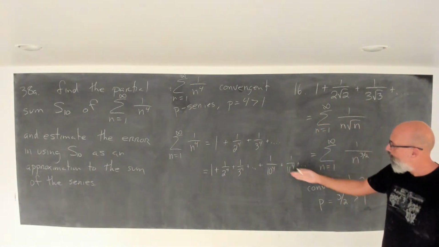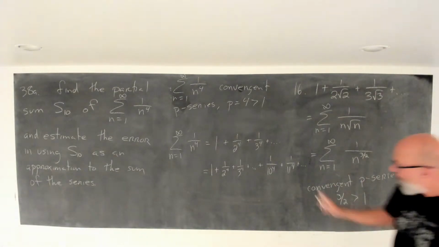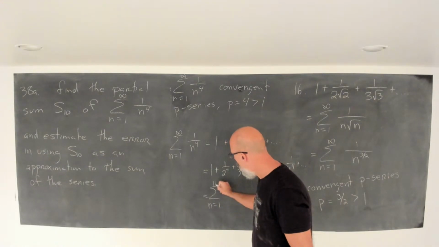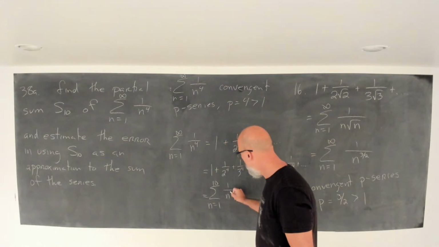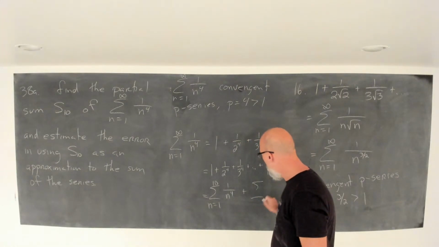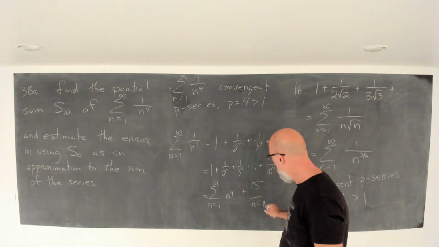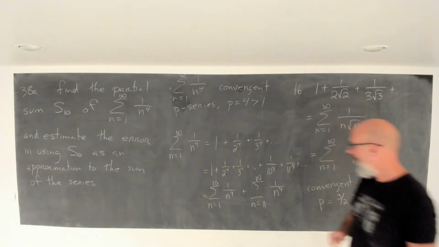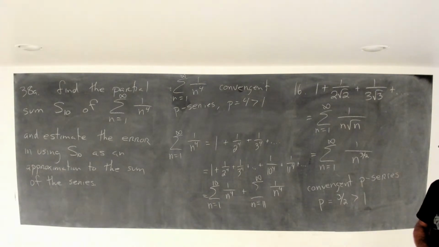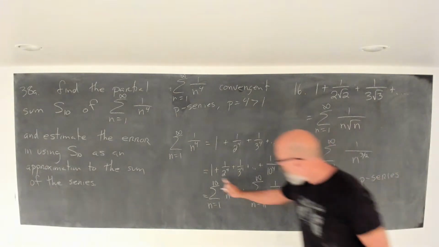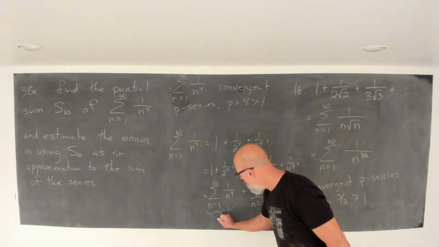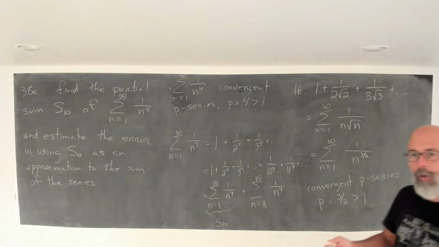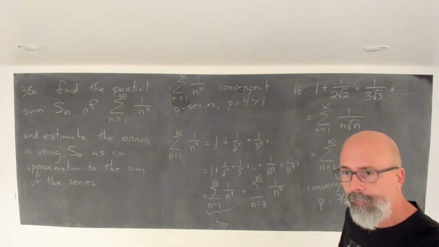And then we'll be left with the rest. Right? So we can add the first 10 terms, and then we'll be left with the rest. And this is your S10, the partial sum, the sum of the first 10 terms.